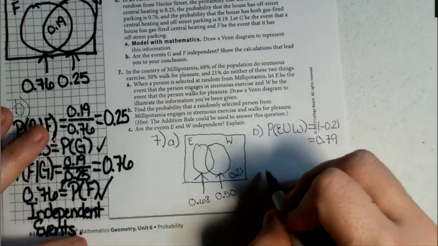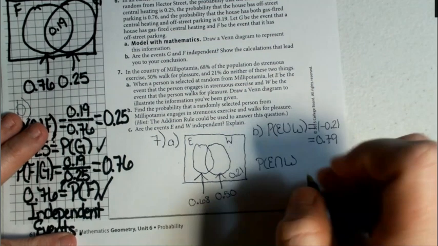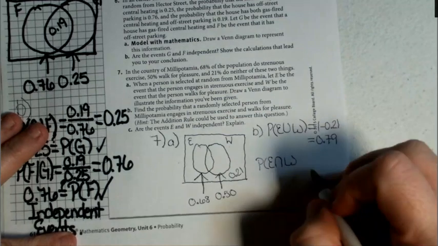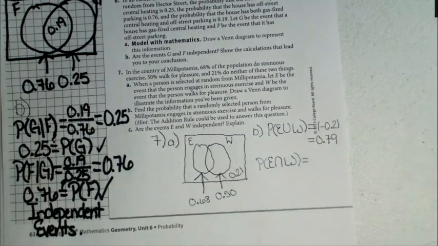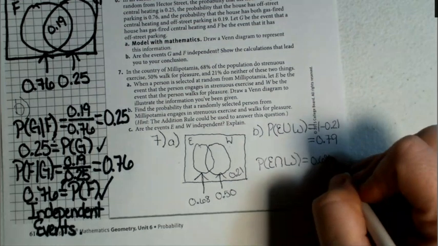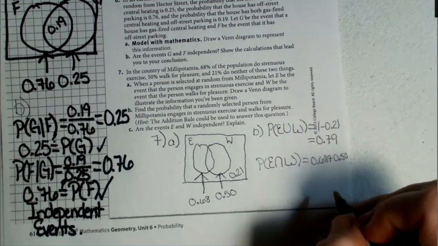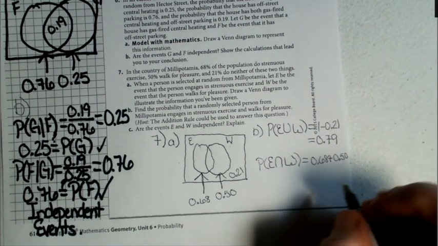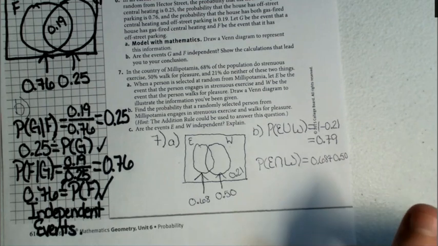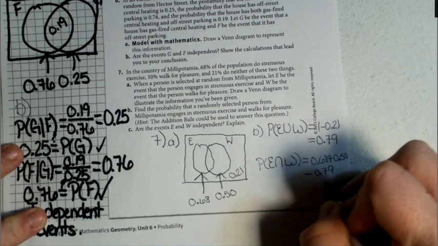Okay? The way to find the probability of E intersect W, the overlap, is to say, we know that the probability of E is 0.68 plus the probability of W is 0.50, and we need to subtract the probability of OR, so 0.79.